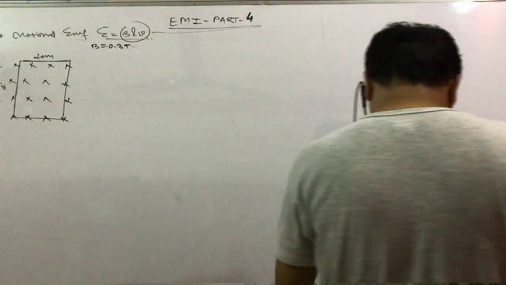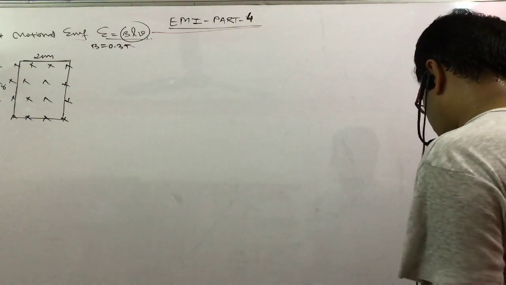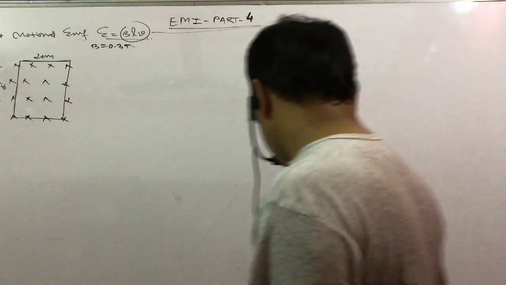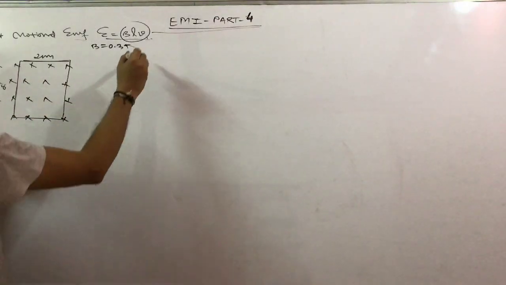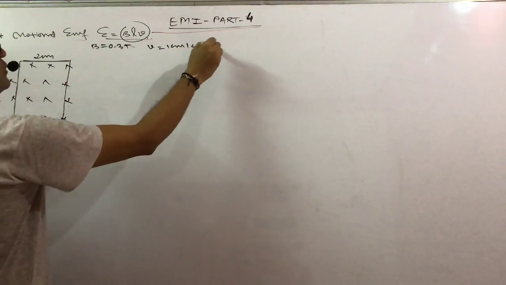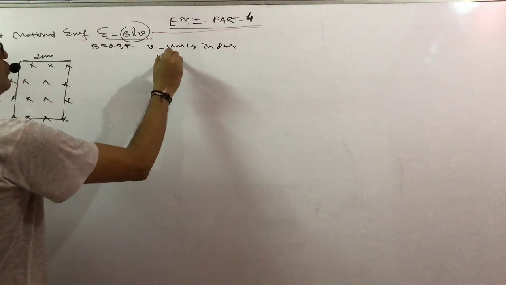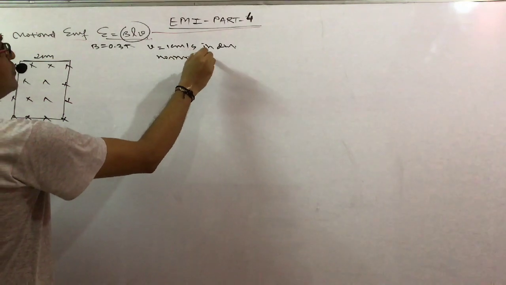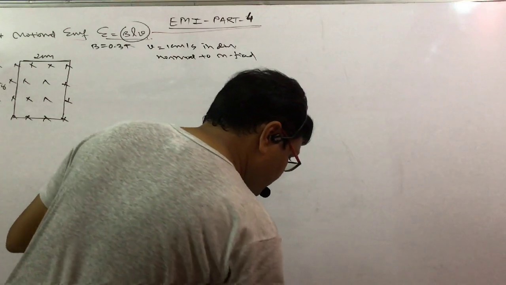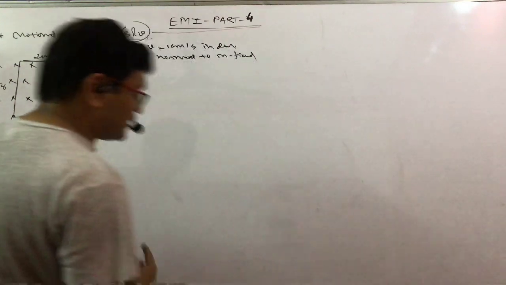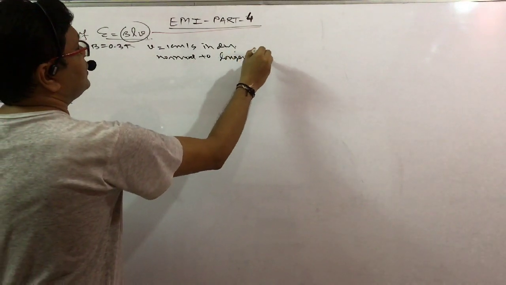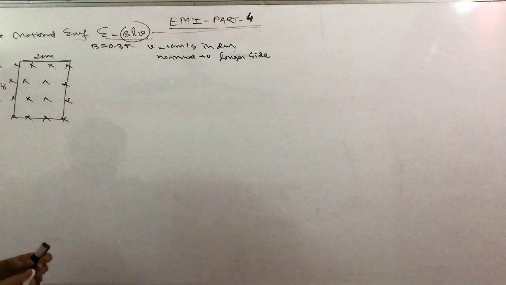What is the EMF developed across this loop if its velocity is 1 centimeter per second in a direction normal to the longer side of the loop? Longer side of loop, you can see.